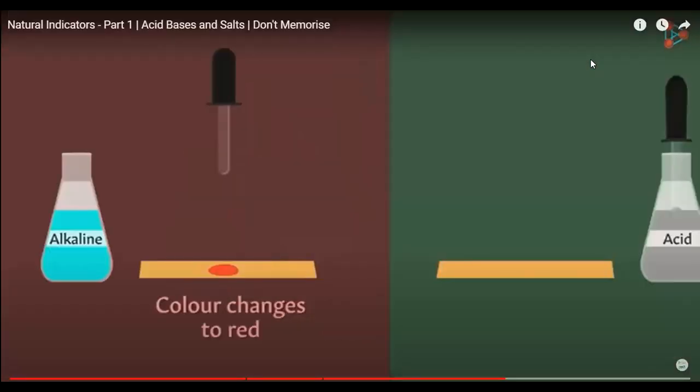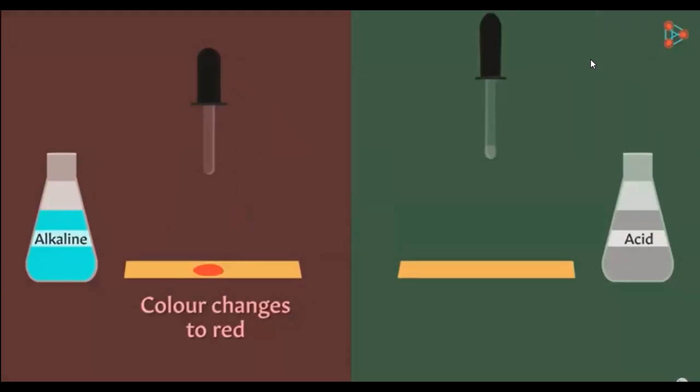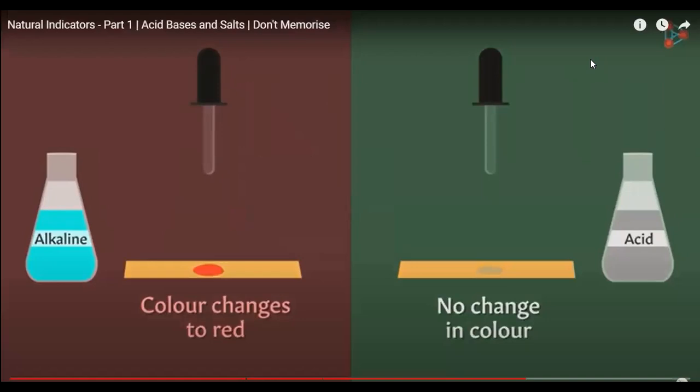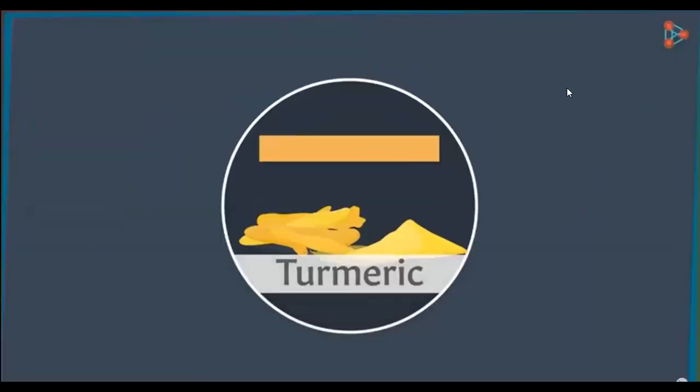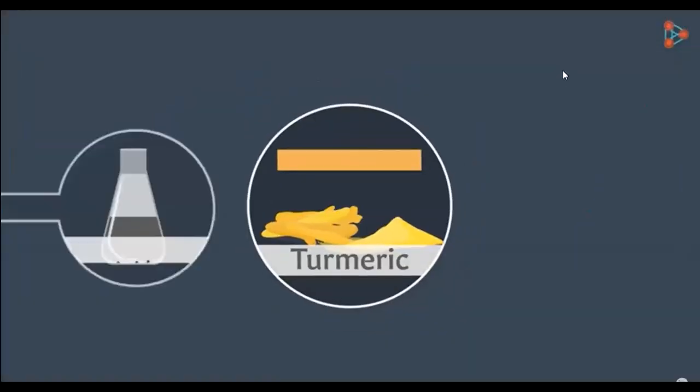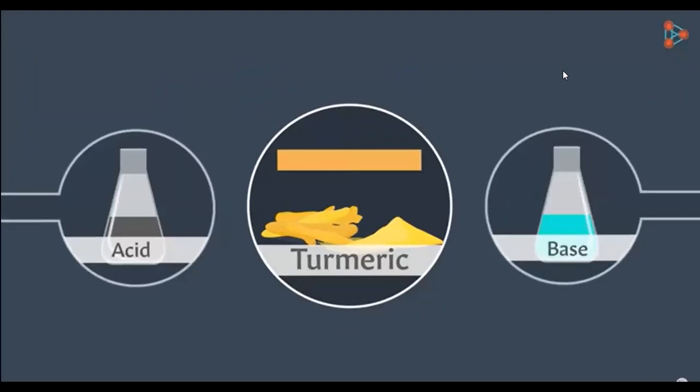And what about acids? Acids show no color change when tested with turmeric. The color of turmeric, which is yellow, remains unchanged. The solution remains unaffected. That is how turmeric helps differentiate between acids and bases.